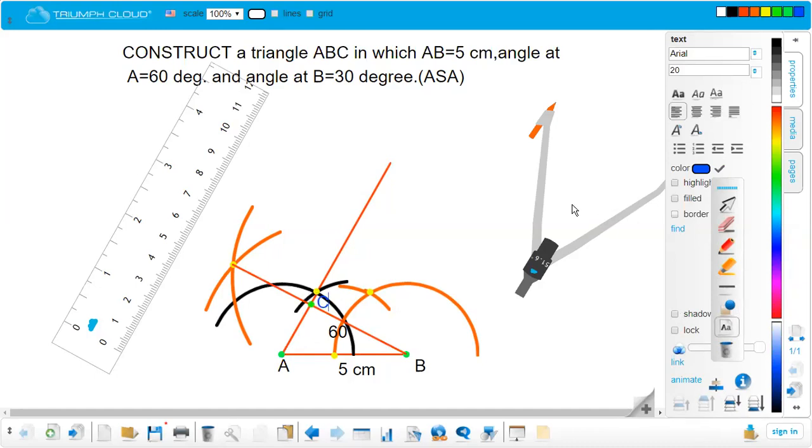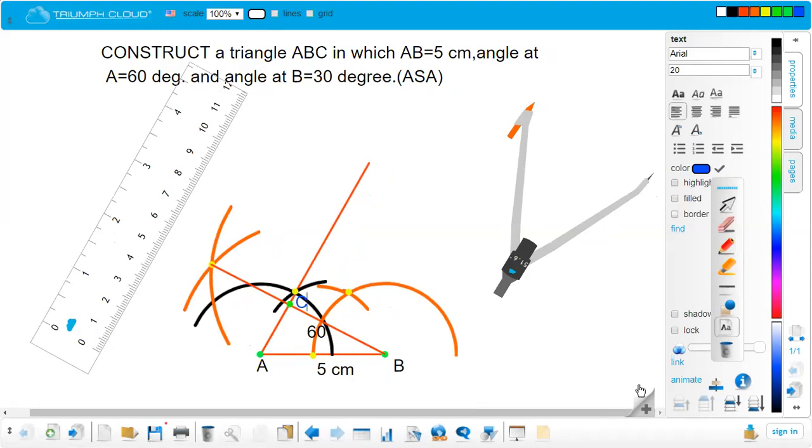And here we finally obtained, we constructed a triangle ABC. This is the case of two angles and one side given. The side is located between these two angles. This is A, B, C, and the angle at the point A is 60 degree, and the angle at the point B is 30 degree.